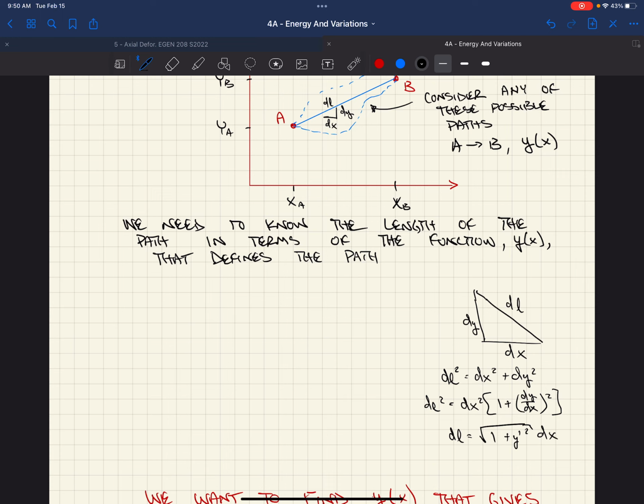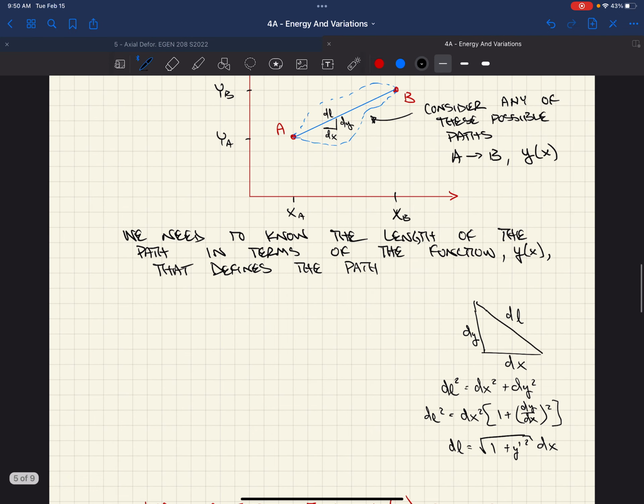dx, right? Well, the length, if we were going to come up with the length of the line that goes between A and B, that would just be the definite integral from x of A to x of B of dl, right? Well, we know dl is a function of y sub x, the derivative of y sub x and x.